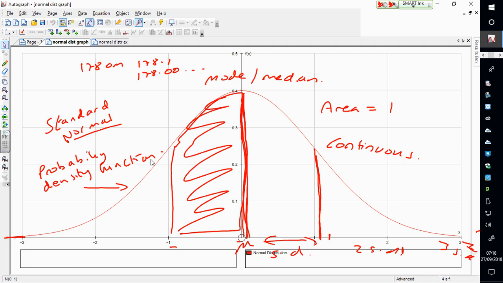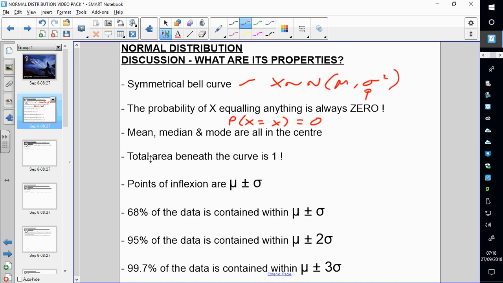So it's 0 times the height of that line, and therefore the probability is 0. That makes sense because it's continuous data. You are not 178 centimeters high. There is no 178 centimeters high when it comes to humans, because the probability of you being that high is 0. So we've talked about the mean, median, and mode all being in the center.